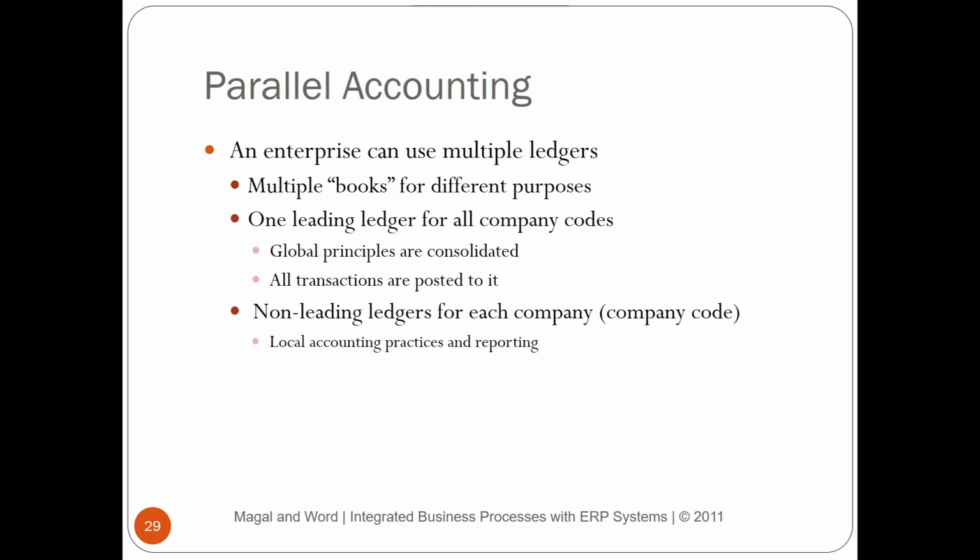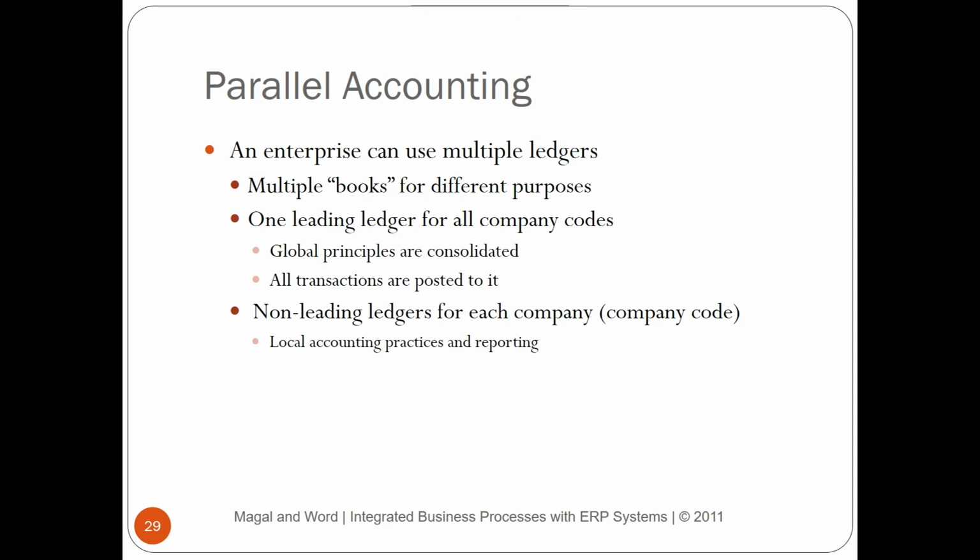An enterprise will implement a set of accounting principles for all companies by company codes, and in the enterprise, which we call the client, the global principles are consolidated in a single ledger known as a leading ledger. So a leading ledger is required and all transaction data are posted to it.